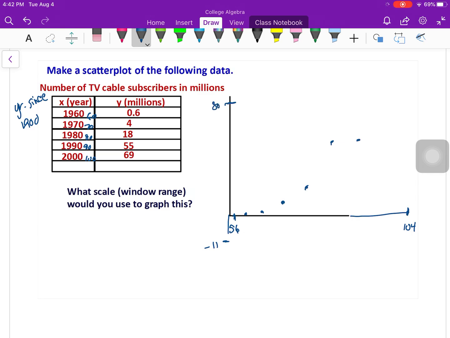Our Y min was negative 11. Our Y max was 80. These X's stood for the year since 1900. These Y's stood for the subscribers in millions.